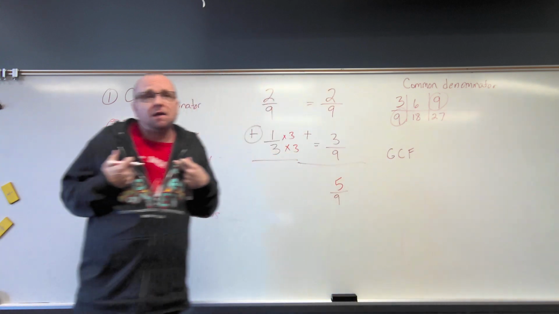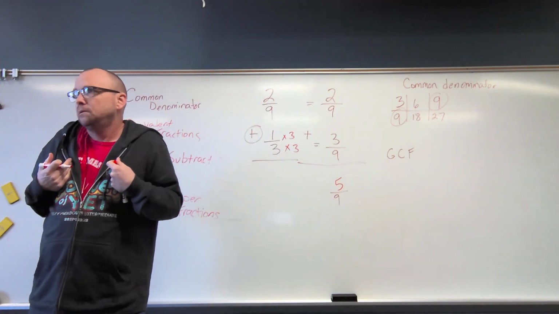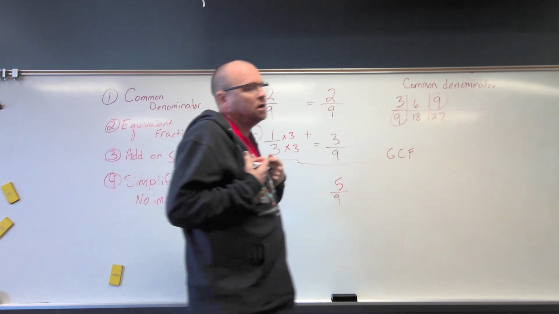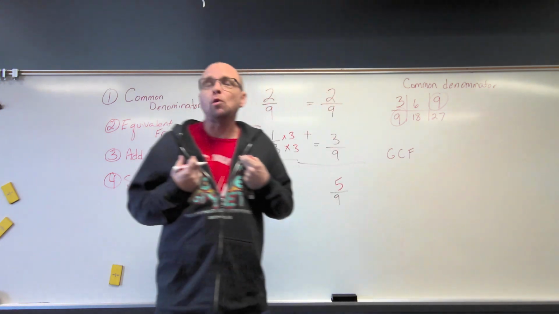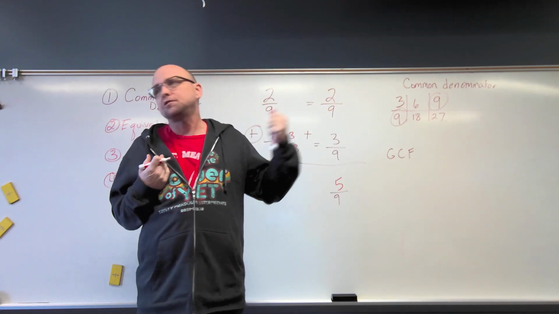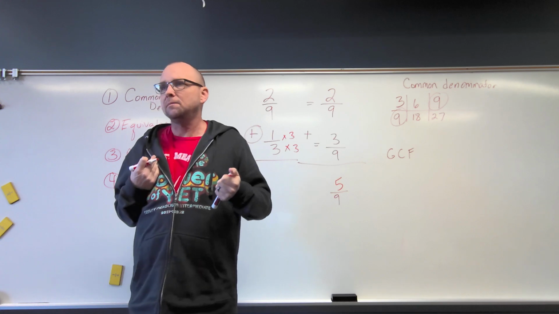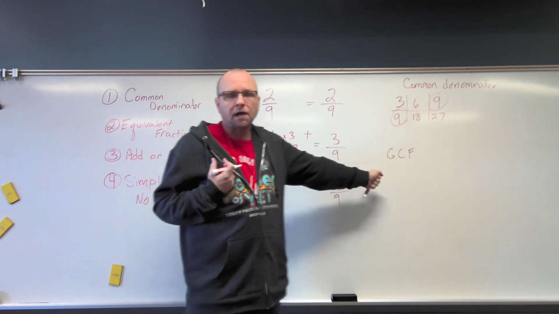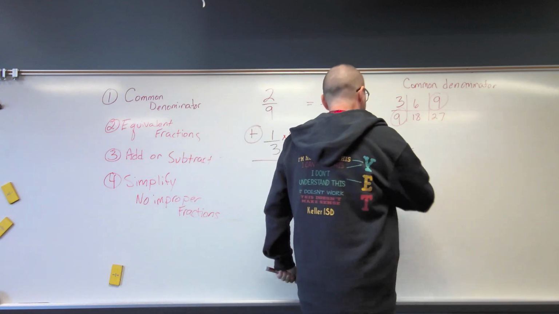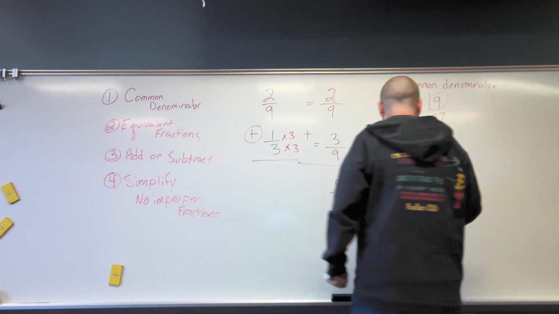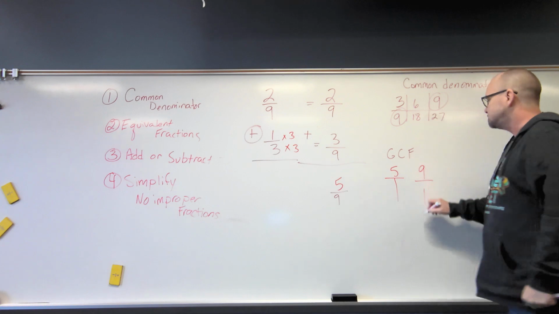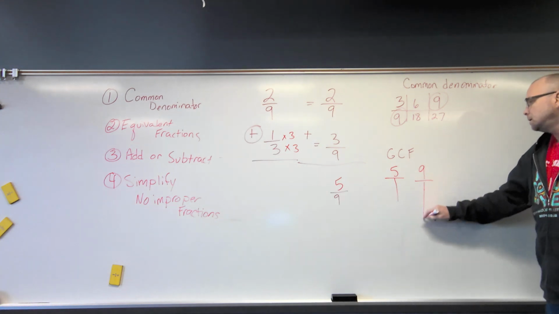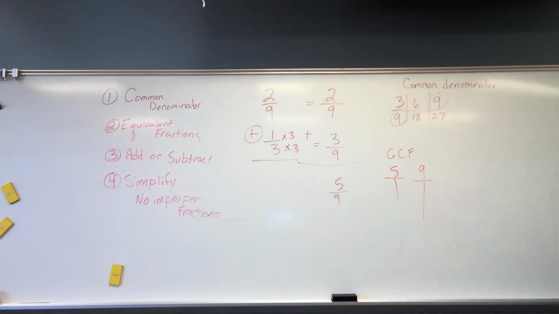Now I know this can't be simplified because I've done these problems for 100 years. But you always want to check unless you're 100% certain, because you don't want to miss a problem where you did all of this right but forgot to do this part. So we're going to list all the factors of 5 and all the factors of 9. 5 is what kind of number?